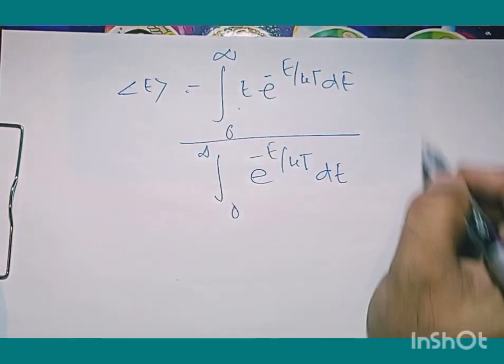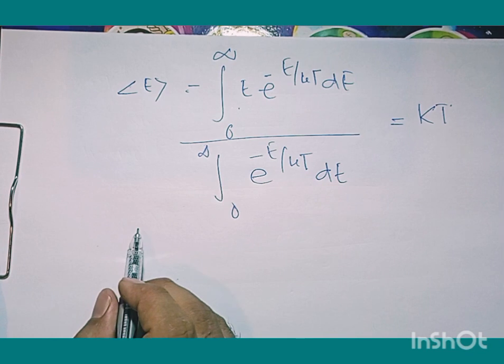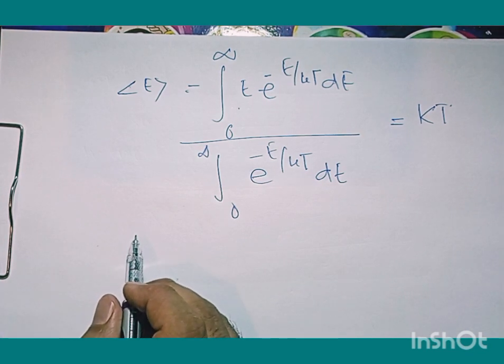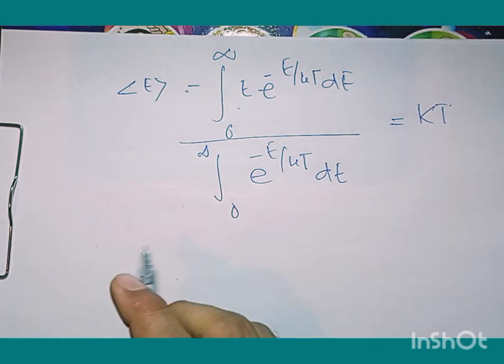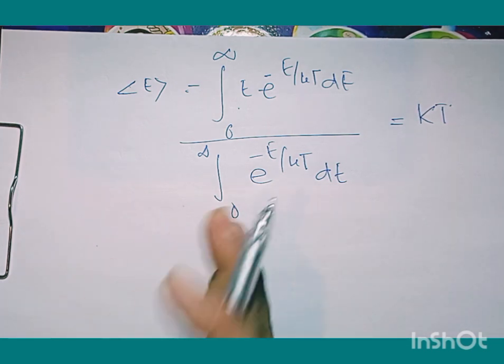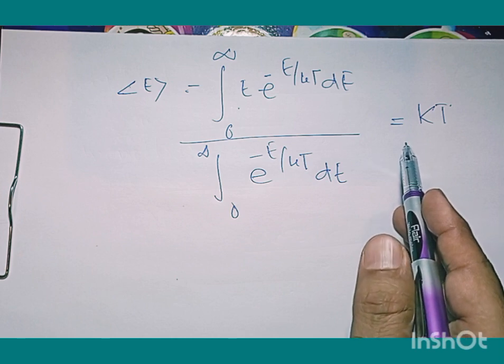On calculating this for 1 degree of freedom, what we get is kT. So this is the average energy. Thus, according to classical theory, the average energy associated with each degree of freedom is kT.